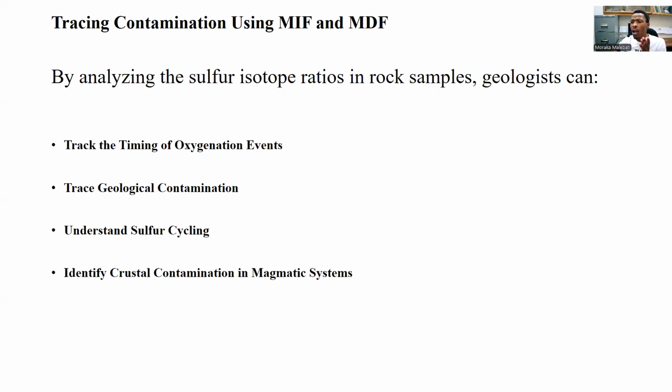If you are tracking the timing of the oxygenation event, you'd agree with me that the transition from MIF-dominated sulfur isotopes to mass-dependent dominated isotopes is separated by the Great Oxidation Event.